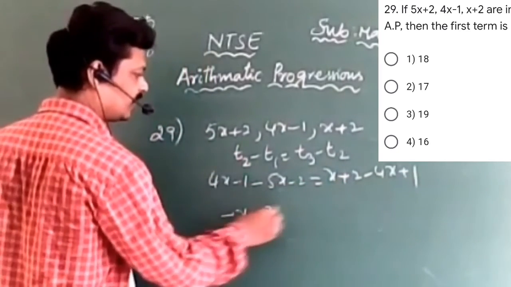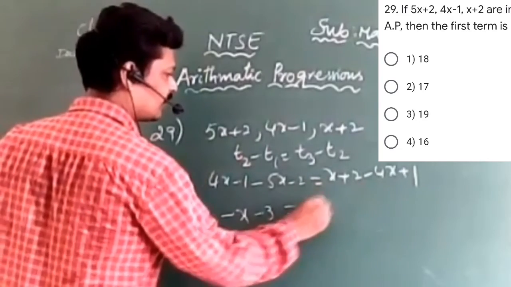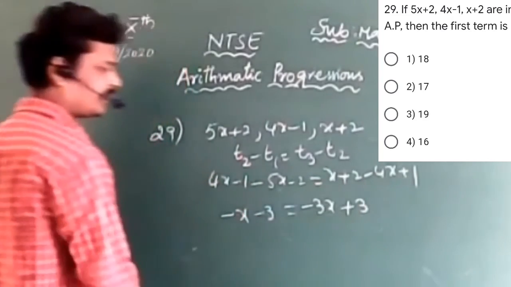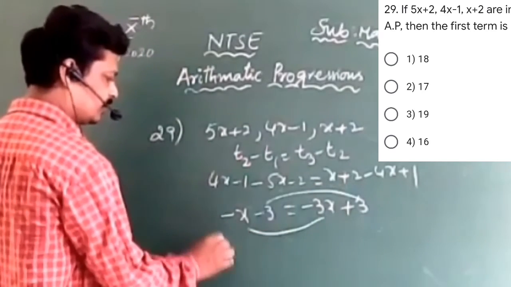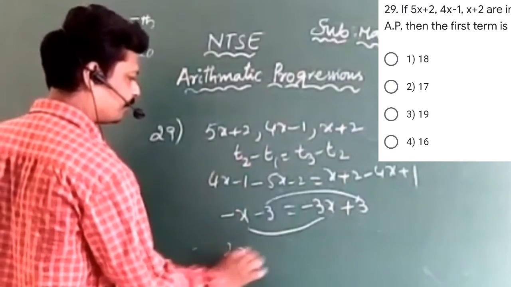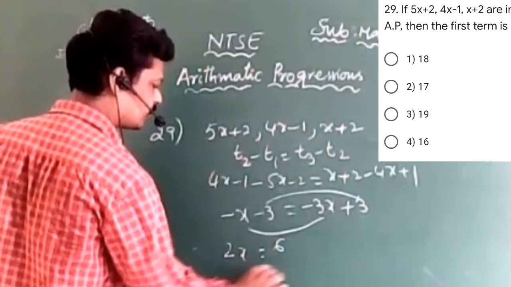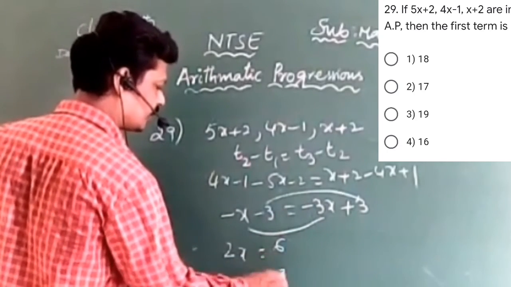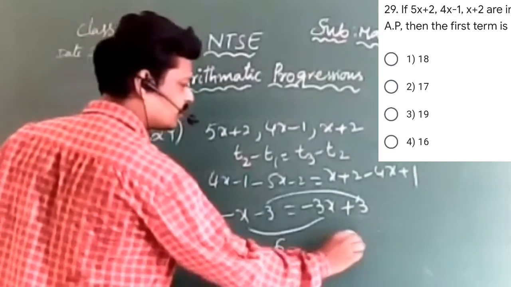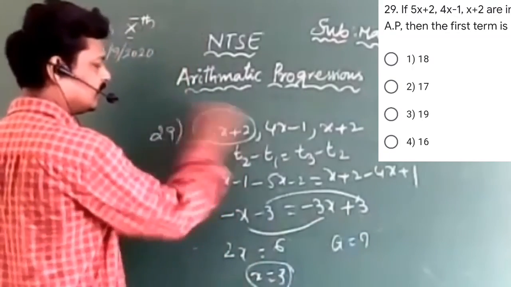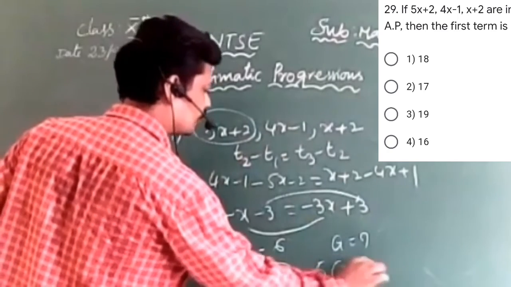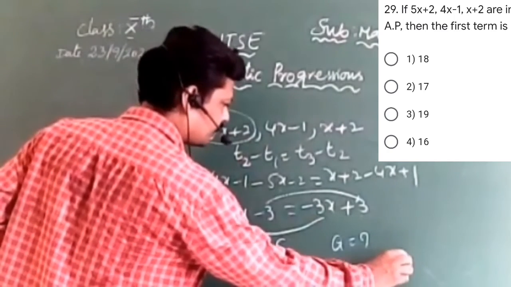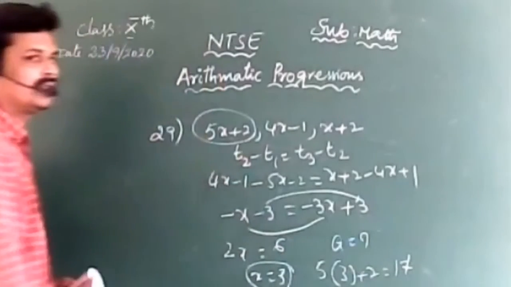Minus 1 minus 2 is minus 3. x minus 4x is minus 3x, plus 3. Get the minus 3x to this side, minus 3 to that side. Minus 3x means plus 3x, minus x is 2x, equals 3 plus 3, 6. So the x value is 6 by 2, which is 3. The x value is 3, and they're asking the first term. Substitute here: 5 into 3 plus 2, so 15 plus 2, 17. The first term will be 17.